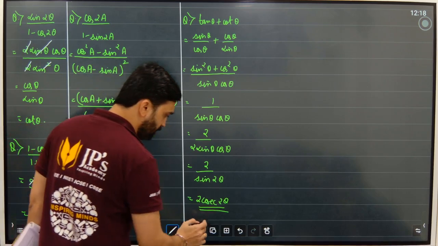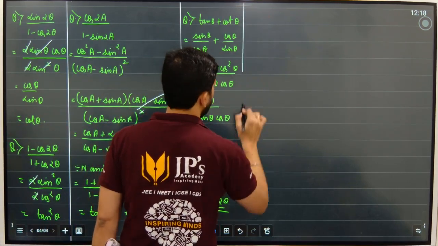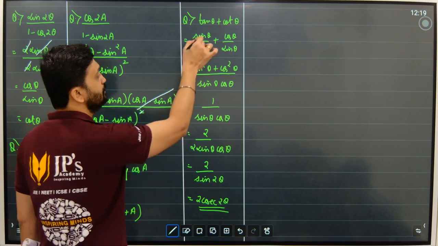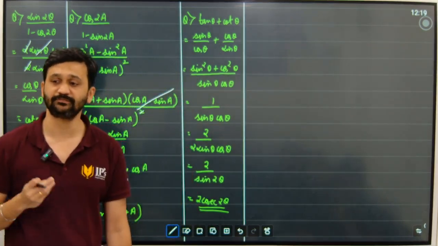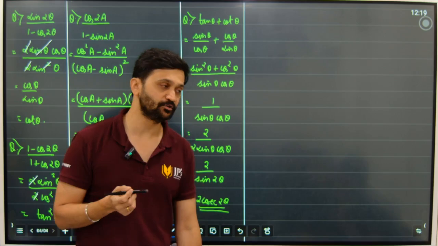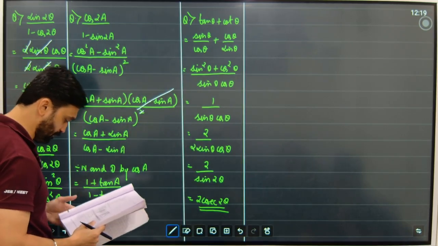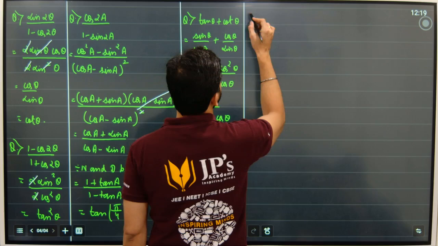So all I did was put the formula for sin theta cos theta. It is incomplete without 2, because we have the formula of sin 2 theta as 2 sin theta cos theta. I substituted the value and I got the answer as 2 cosec 2 theta. Have you guys understood this? Anybody has any doubts? Now, next.